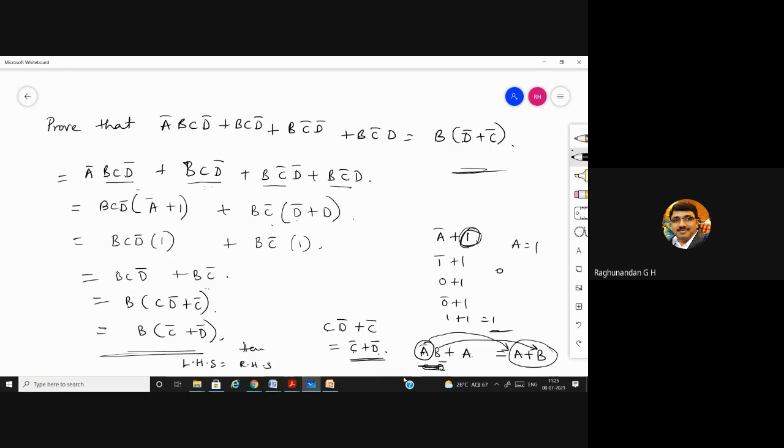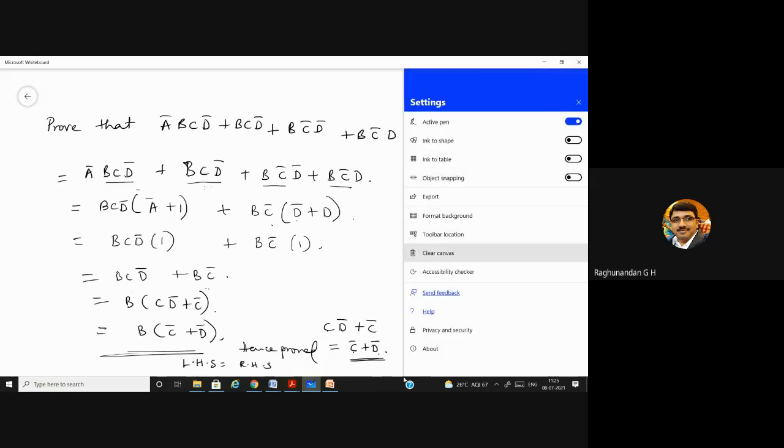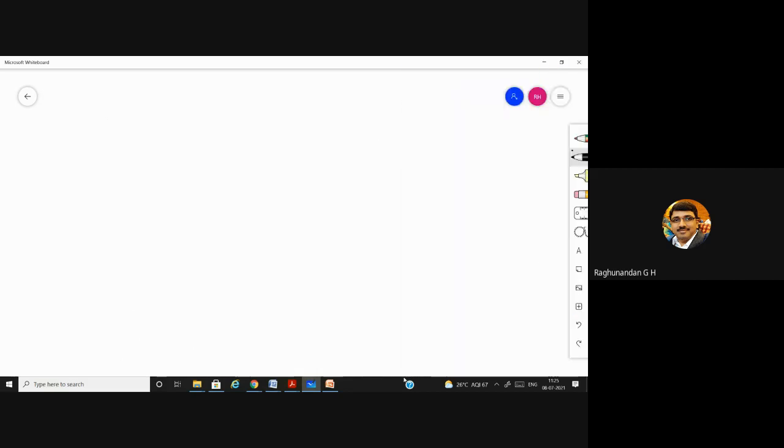Hence proved. So like this, we are having different types of problems. Let us take one more: C of B plus C into A plus B plus C. First, you multiply these two.